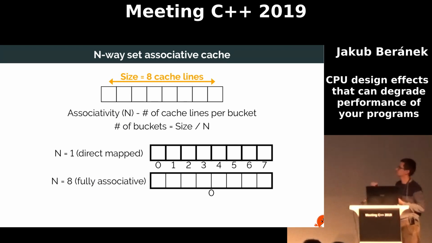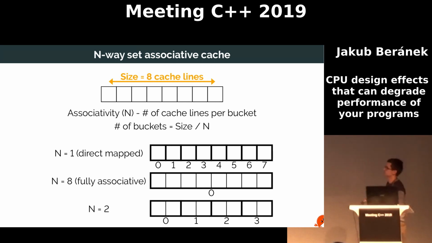So this makes it slower. In the direct map case, you don't have to scan anything because you have exactly one cache line or one slot where to push each cache line, but you will have a lot of hash collisions. Because if you have more cache lines that are put into the same bucket, they will throw each other out.